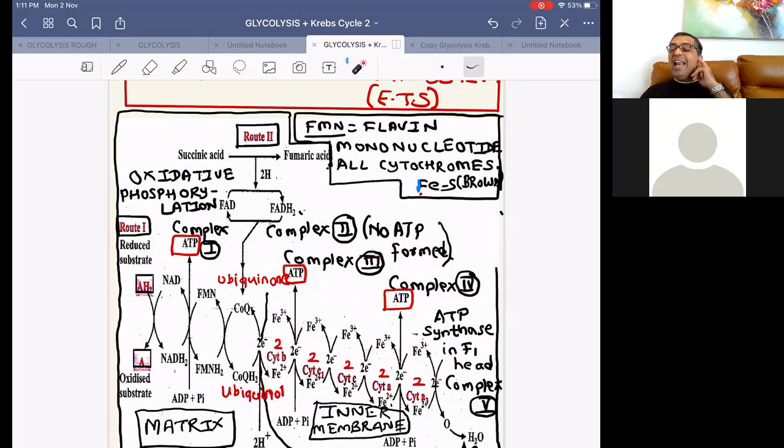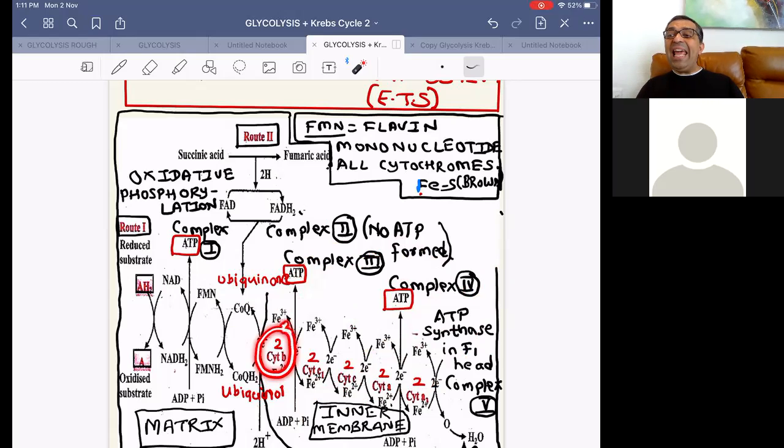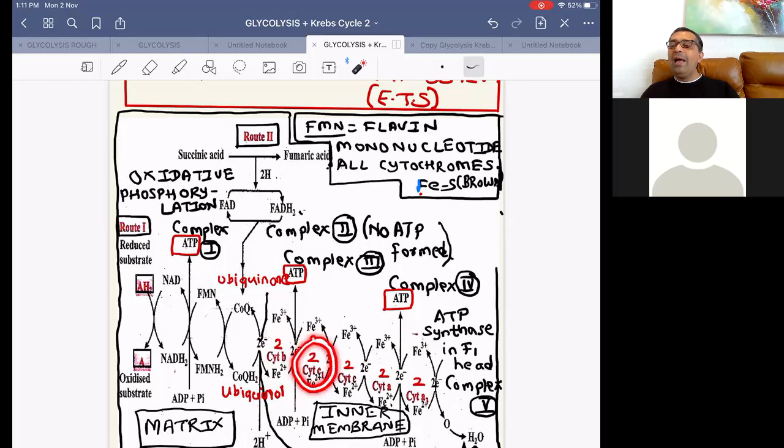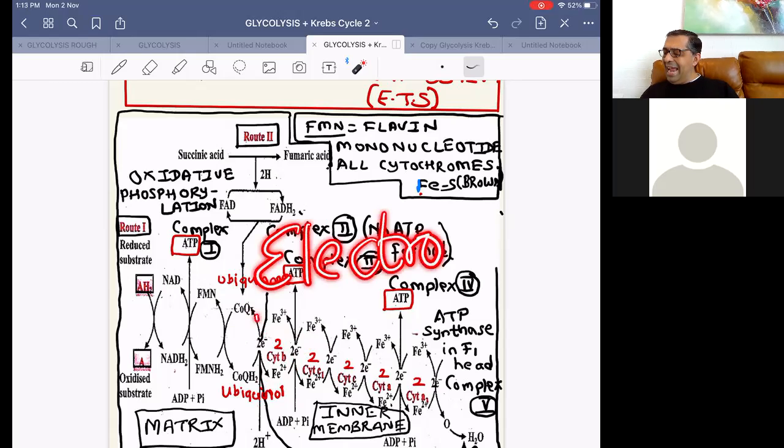Who is the first electron acceptor? Cytochrome B. Cytochrome B से ज्यादा affinity for electron is cytochrome C1. अगर केमिस्ट्री में सुना हो, this is called more electronegativity.